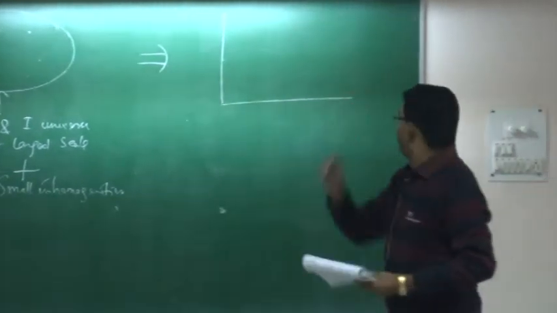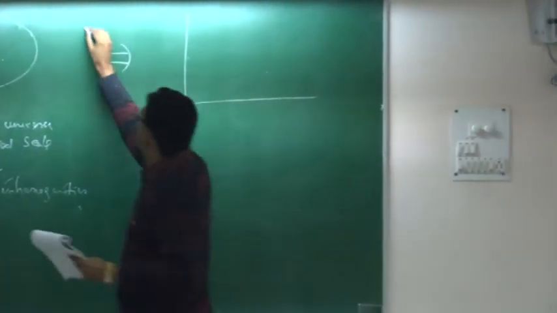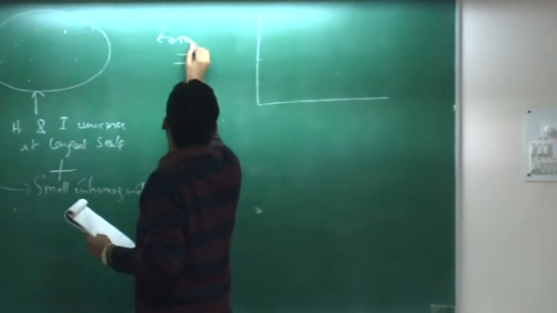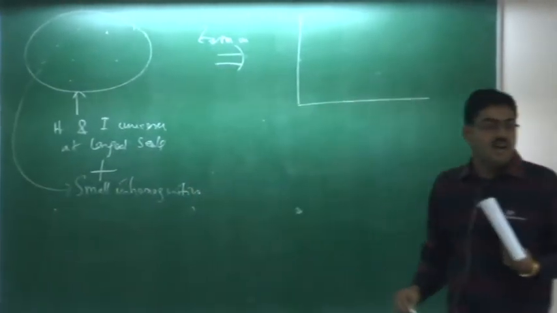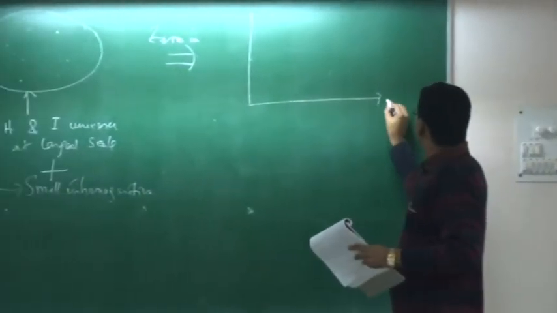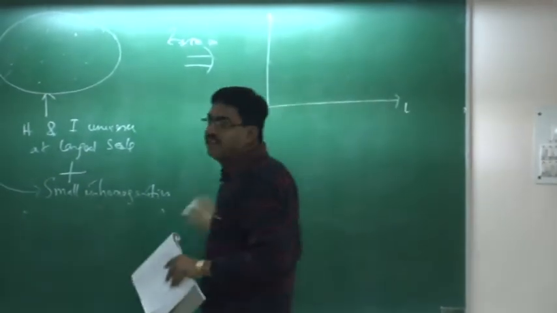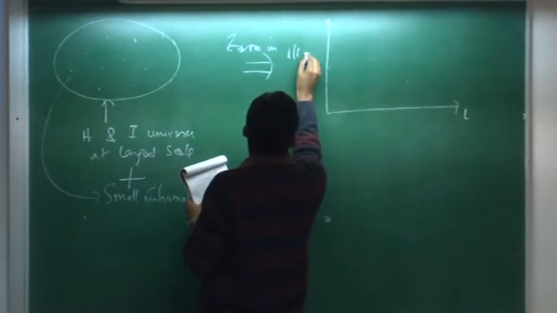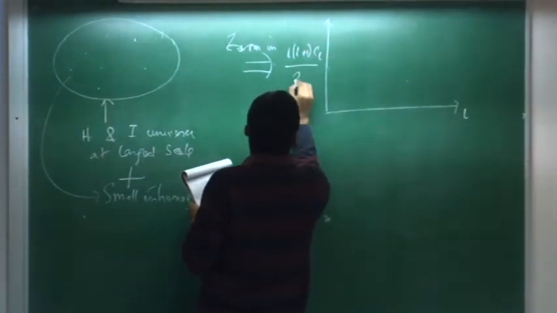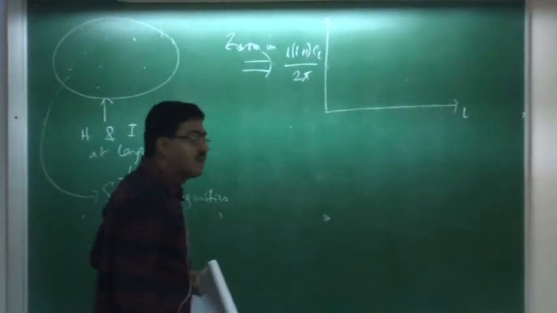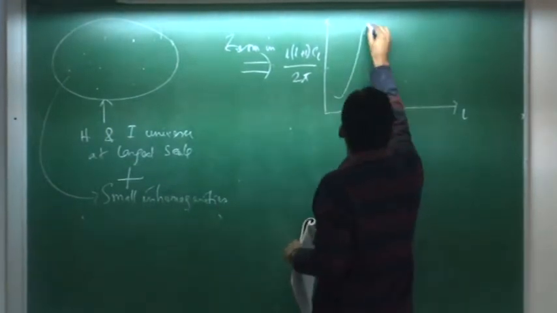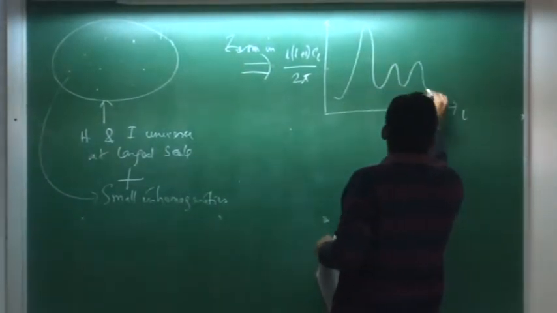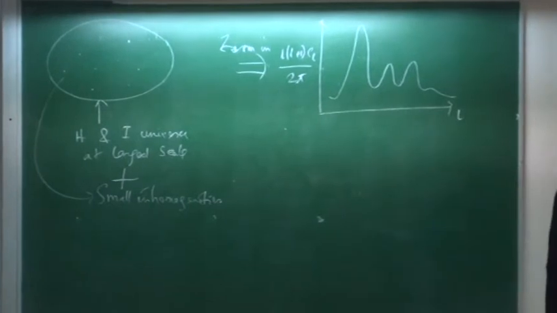If you zoom it in, then you can write them down in terms of temperature anisotropy, and you can plot this in terms of L, where L are the multipoles, and this is a measure of temperature anisotropy. You can see a plot which looks like this.